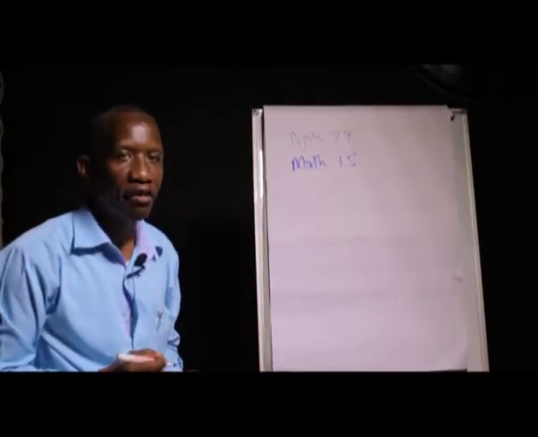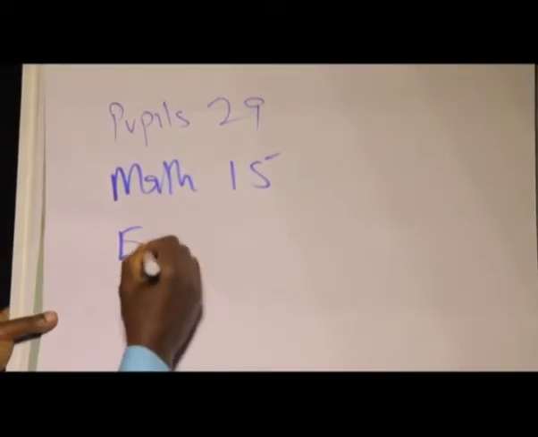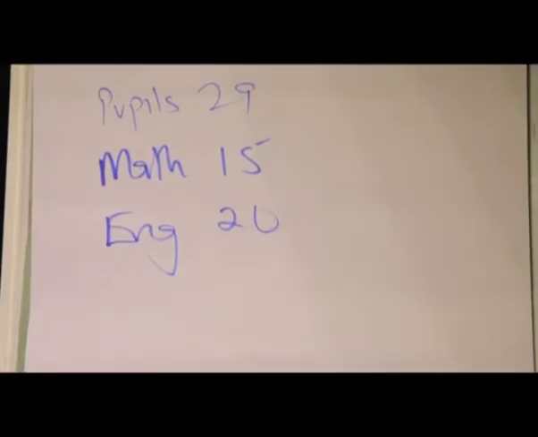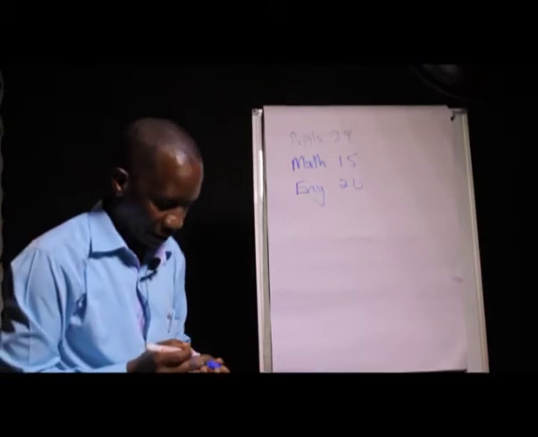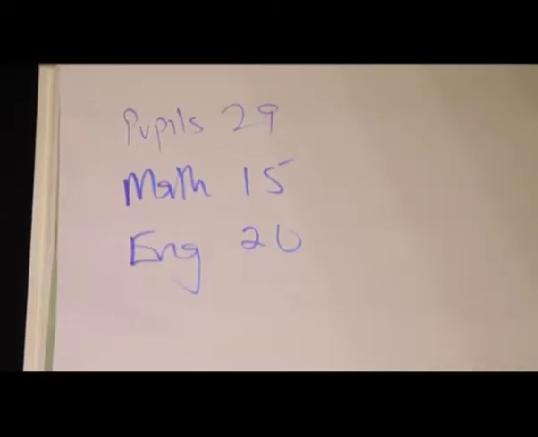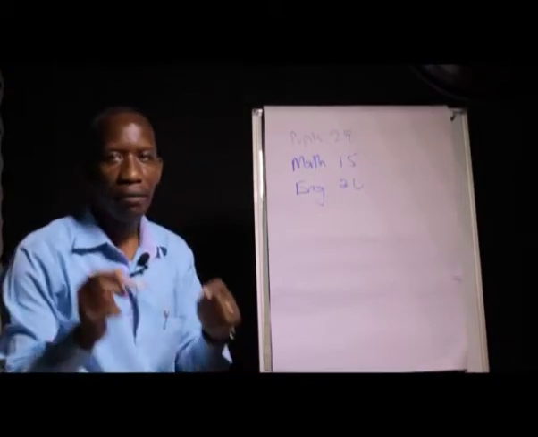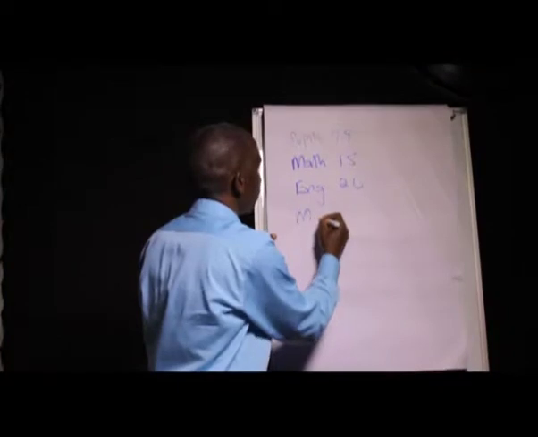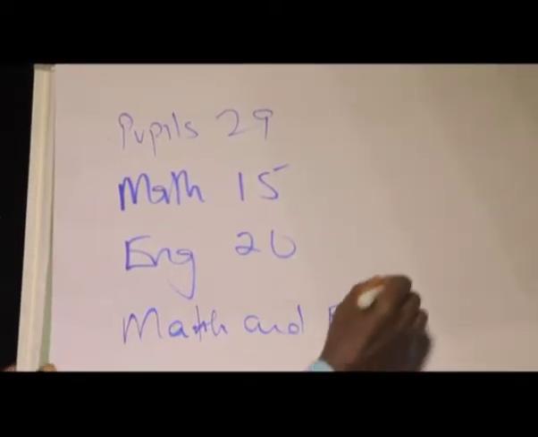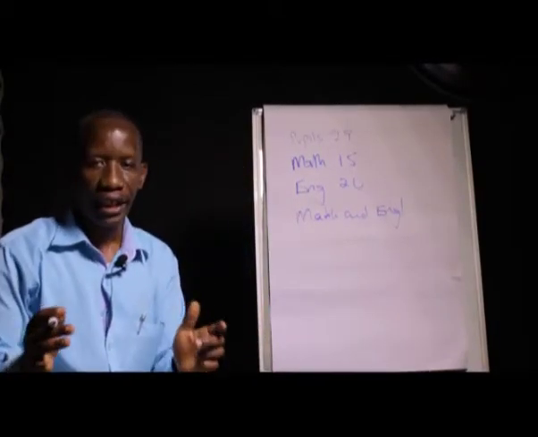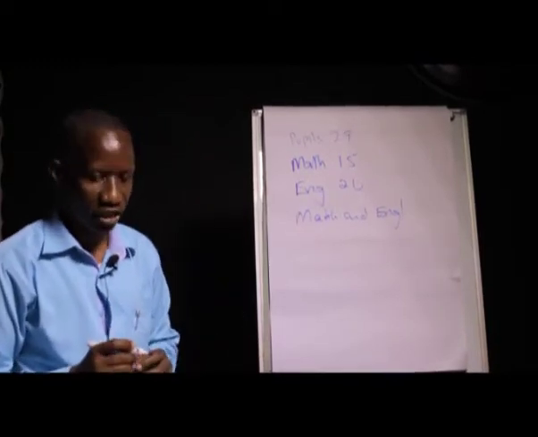Mathematics is liked by 15. If English is liked by 20, how many pupils do you think like both mathematics and English? We can use the knowledge of Venn diagrams to work out that challenge.